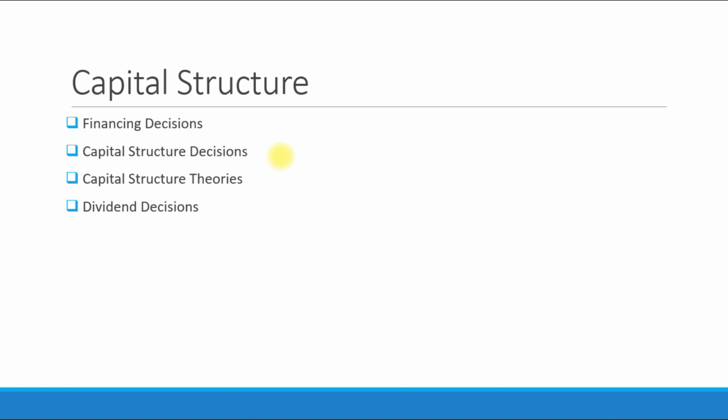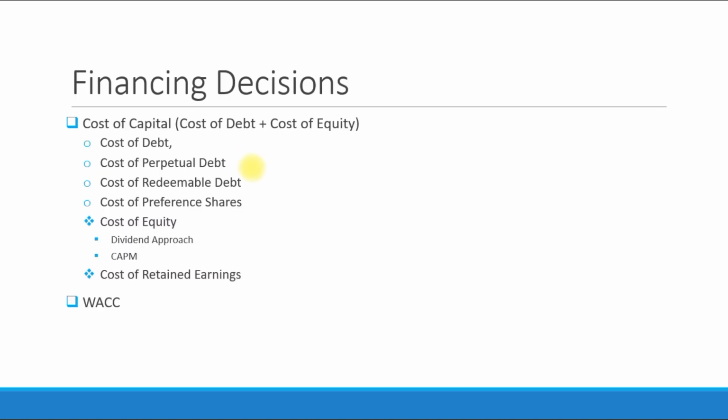So first, we'll explain what are financing decisions. Financing decisions, we will go on and explain what is cost of capital, which would mean cost of debt and cost of equity. So we have cost of debt, cost of perpetual debt, cost of redeemable debt, cost of preference shares, then comes cost of equity.